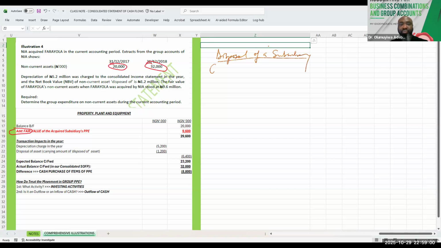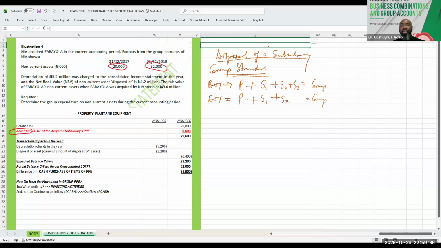the group structure at the beginning of the year is P, the parent, S1, S2, and S3, which make up the group. But at the end of the year, I now have P, S1, and S2, which now make up the group.